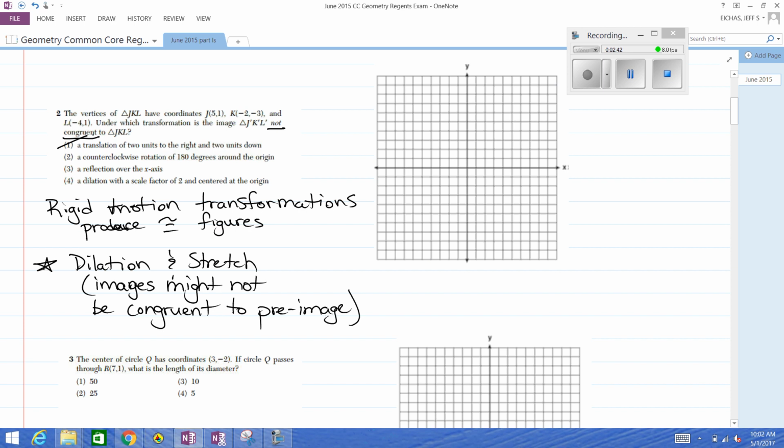So translation's out, a rotation is out, reflection over the y-axis is out. There we go. Dilation with a scale factor of 2, centered at the origin, will definitely change the size. So choice 4 is what we want there.